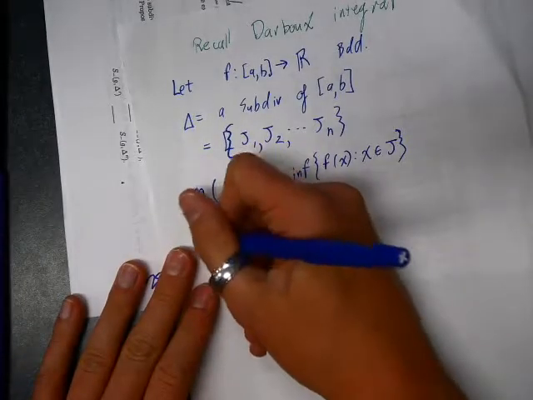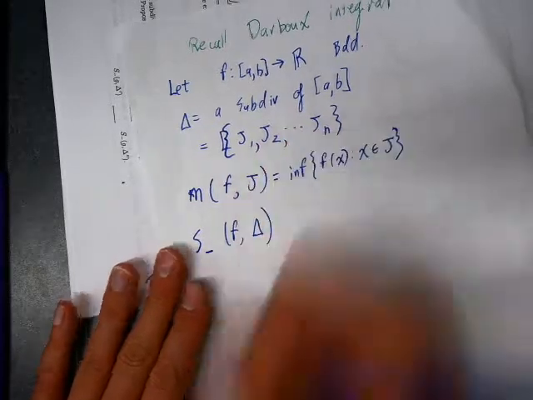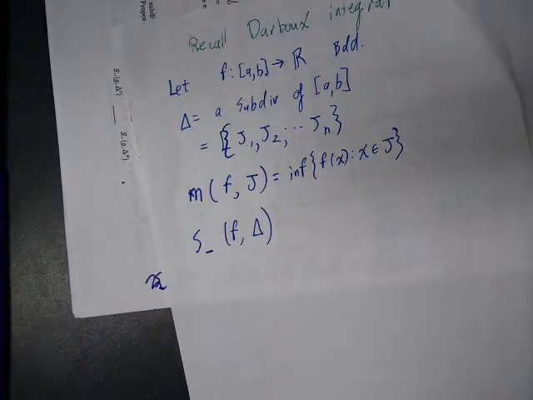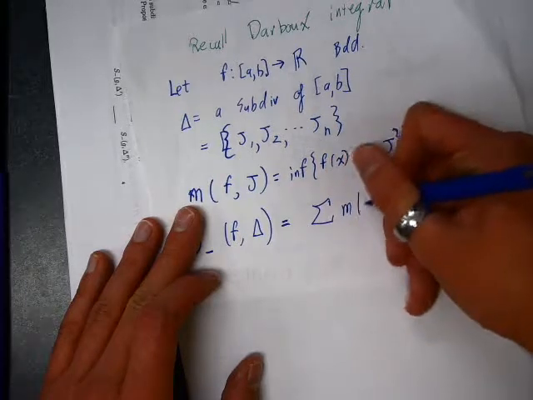Let's remember what s minus means. What is s minus of f comma delta? Well, it's the lower Darboux sum, so it's probably a sum of something. The sum of the m of f j's times the length of j for all of j's in delta.